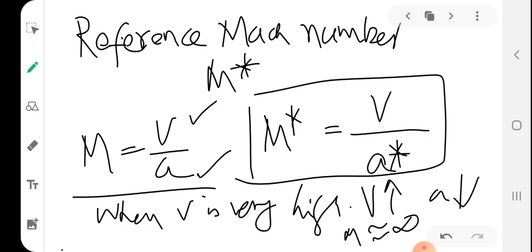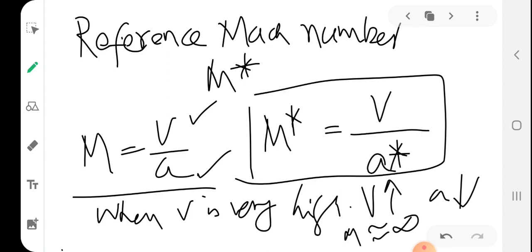It doesn't vary with expansion or compression, and it doesn't vary with temperature. It is a constant value. So Mach star is useful in certain cases due to that advantage over the simple Mach number.